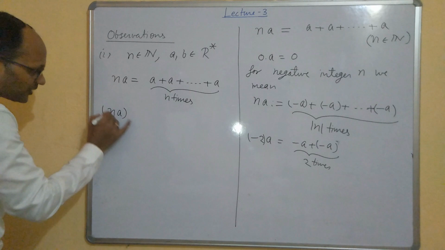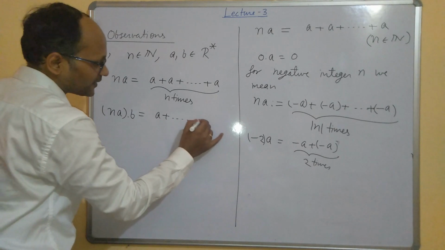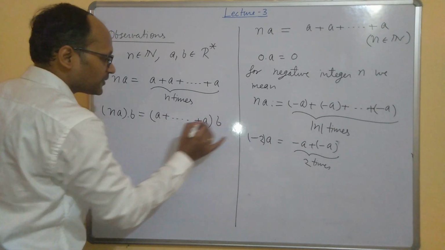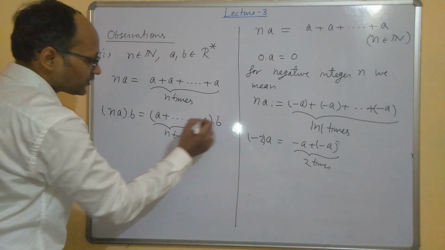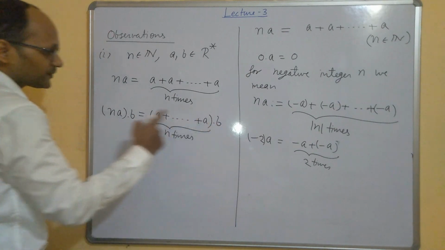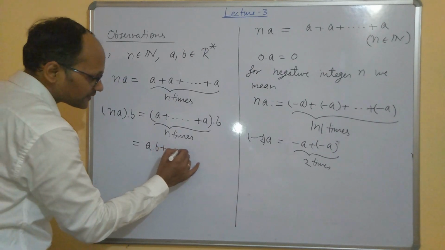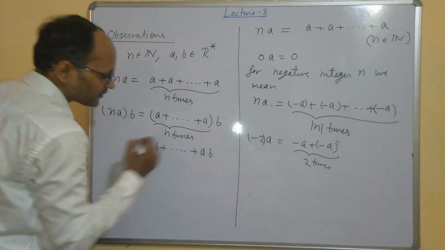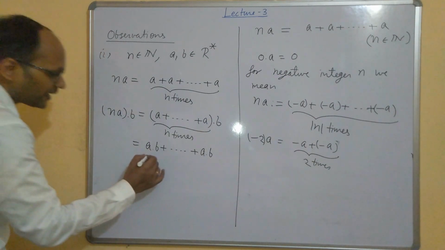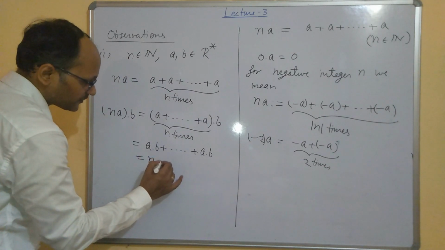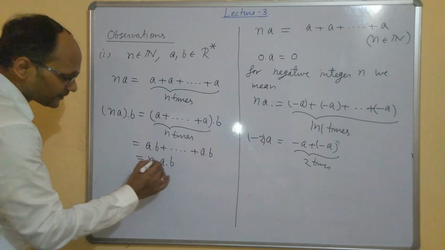Now, let me multiply by b to this na. So a plus a, n times, and I am going to multiply b here. By the distributive law of the ring, this can be written as a into b plus a into b, n times, so this is n times ab by definition of na.